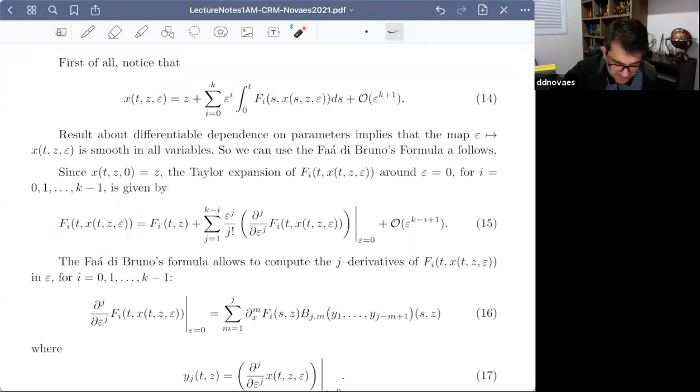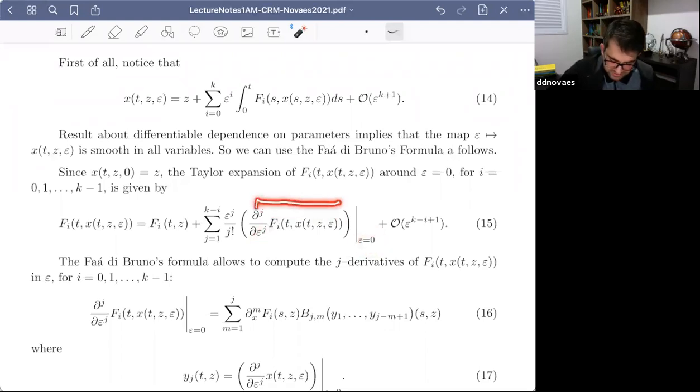The derivative of x(t, z, epsilon) is equal to this function for epsilon equals 0, plus the sum from j equals 1 up to some order of epsilon to the power j divided by j factorial, multiplied by the j-th derivative of this composition with respect to epsilon, for epsilon equals 0.